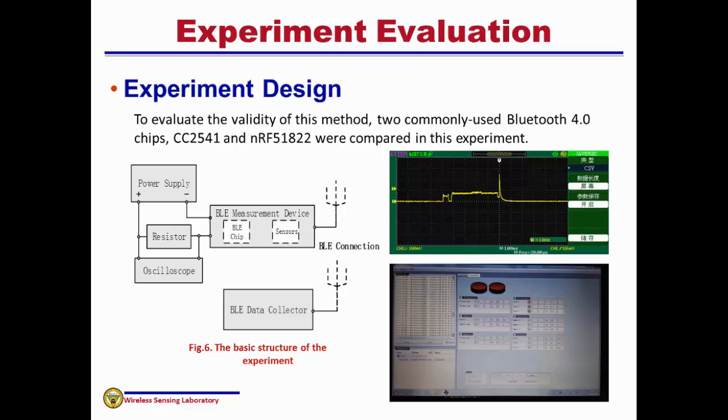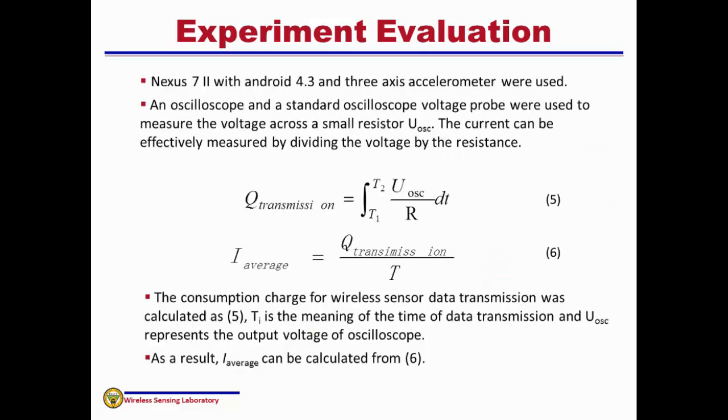Actually, it's the voltage. So we can use this equation to calculate the current: the charge is the integral of the voltage, and then we can calculate the average current by dividing by the interval time.